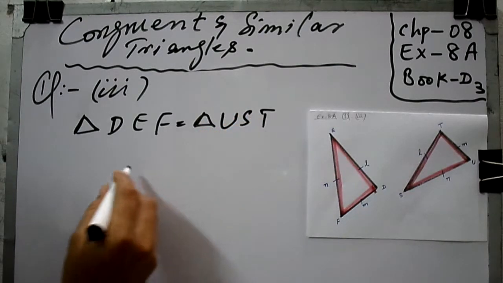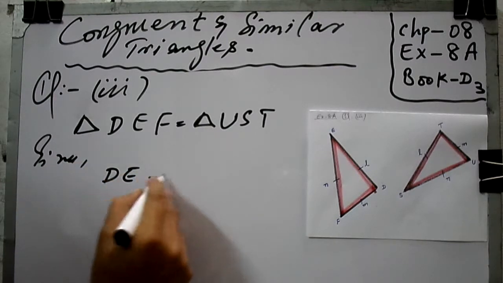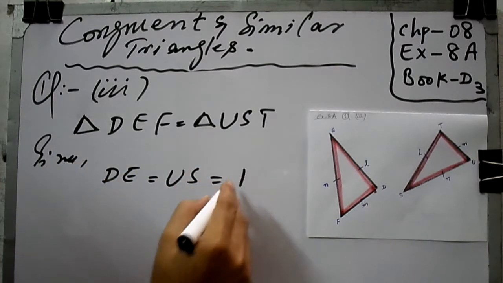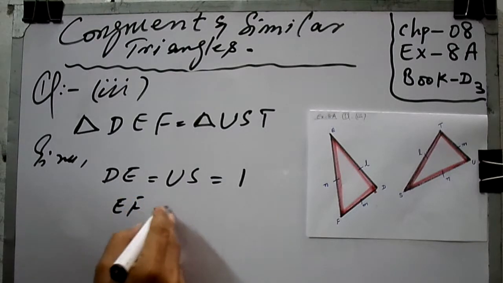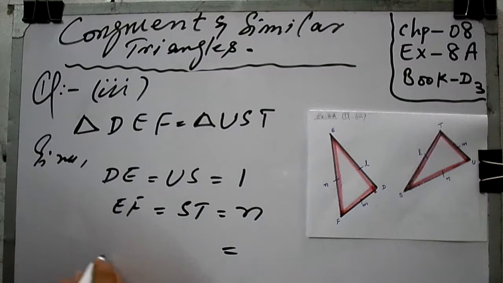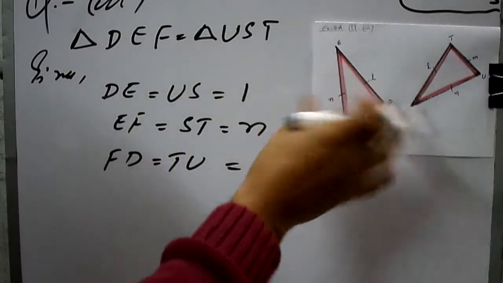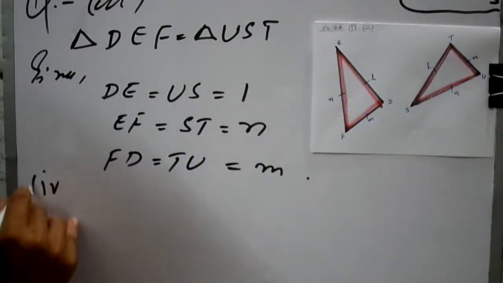Since you can see that DE is equal to US, that is L, and EF is equal to ST, that is N, and similarly FD is equal to the side TU, that is M. Once again, you can say that both the triangles are congruent to each other.